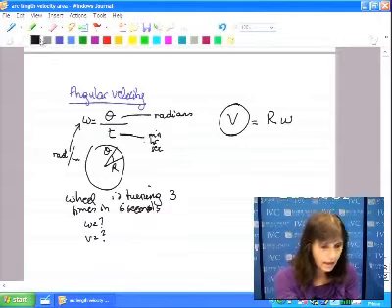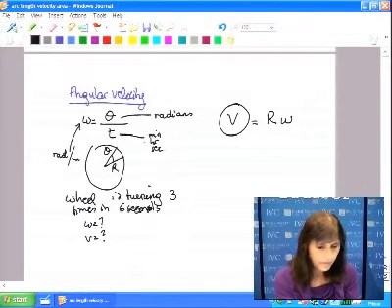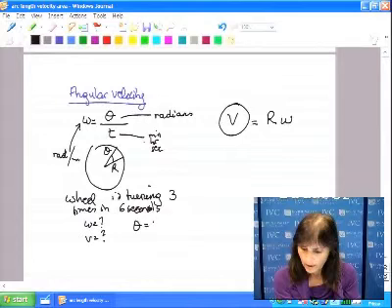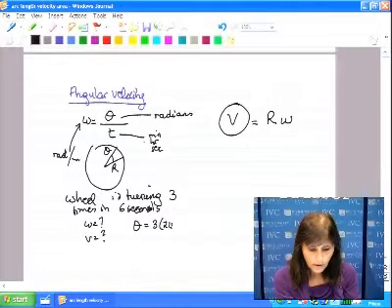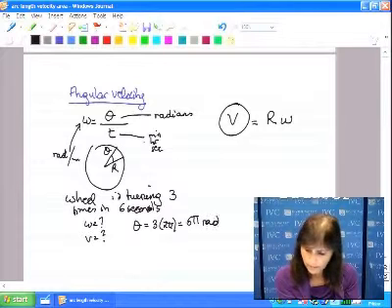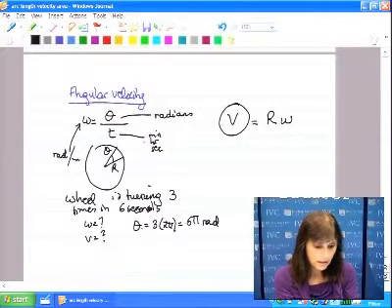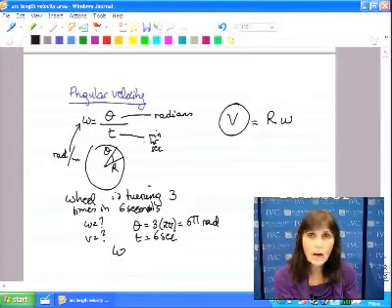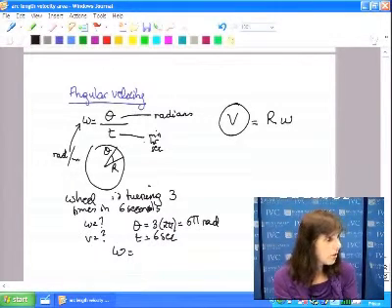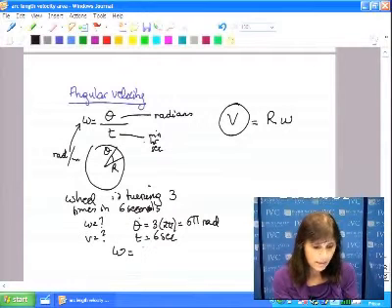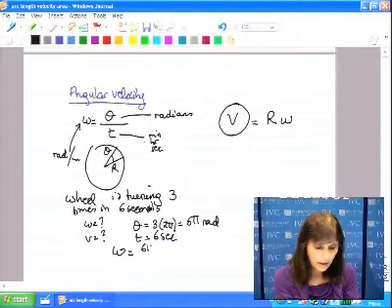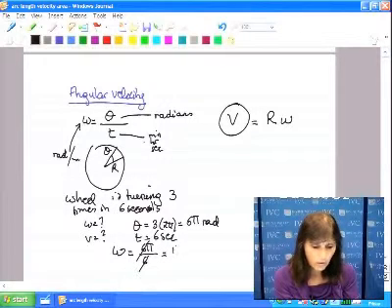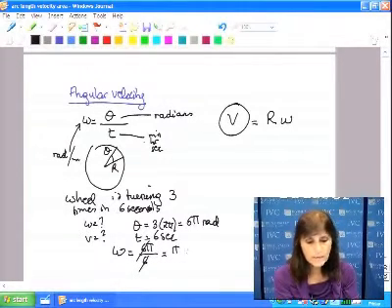You're going to have a theta of 3 times 2 pi. So it traveled 6 pi radians in how many seconds? 6 seconds. So if I want to calculate the angular velocity, all I have to do is take my theta, which is 6 pi, and divide it by 6 seconds. These go.